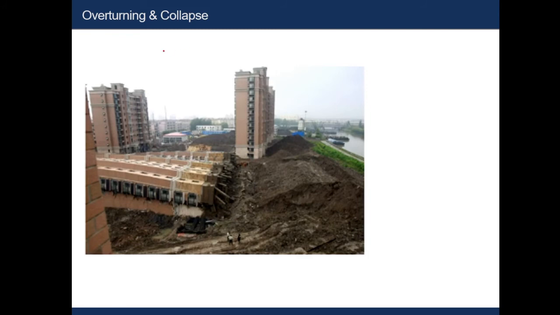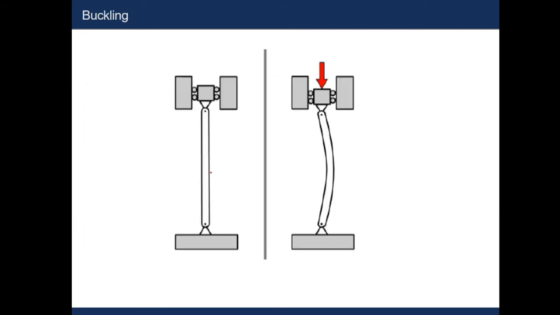Here we can see the example of overturning and collapse. A structure shouldn't have this property. It should resist overturning to be an ideal structure and to serve our purposes. Here's the example of buckling. It's mainly a column supported on both ends.